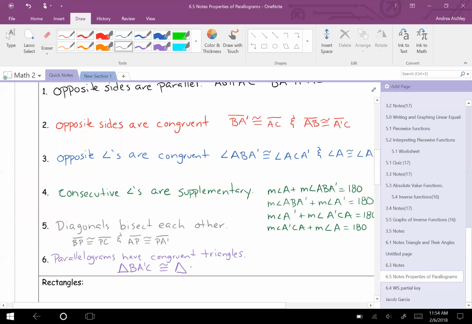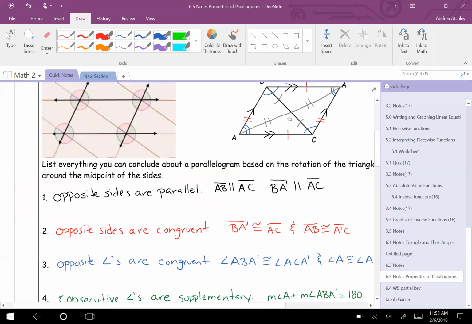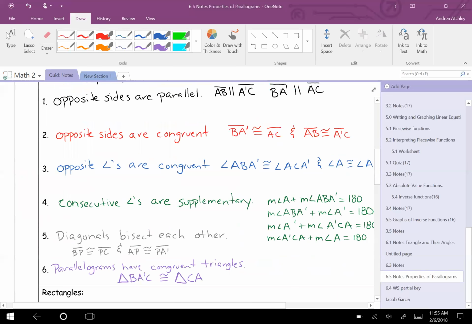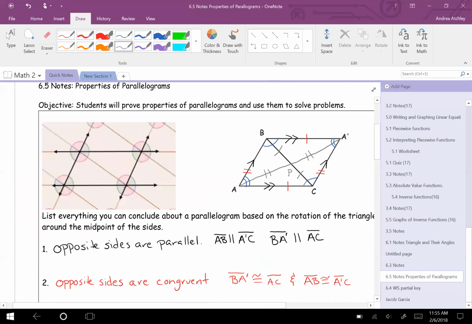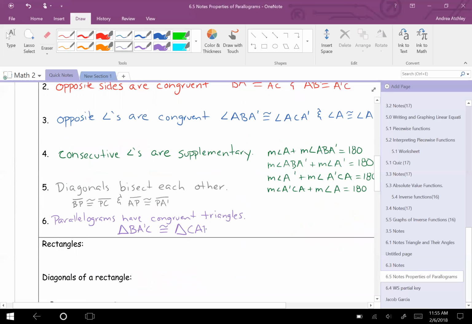To triangle C, what corresponds to A prime is A. And what corresponds to the C would be the B, sorry, is my B. Does that make sense? You need to make sure you match up the angles with their corresponding congruent angle. Any questions over that?